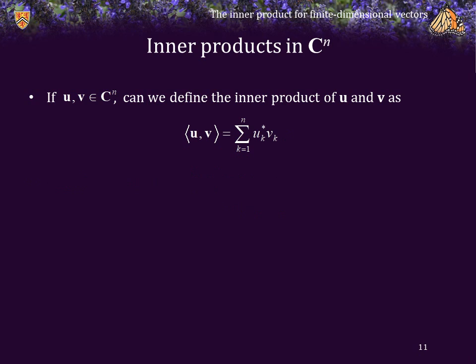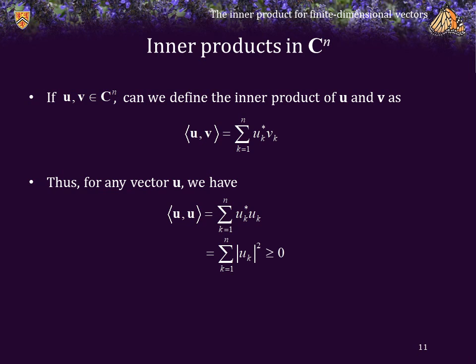One way to get that positive definite property is to redefine the inner product so that you're taking the complex conjugate of the entries of u and multiplying them with the corresponding entries of v. Thus, if we have a single vector, the inner product of u with itself is the sum of u sub k star times u sub k.